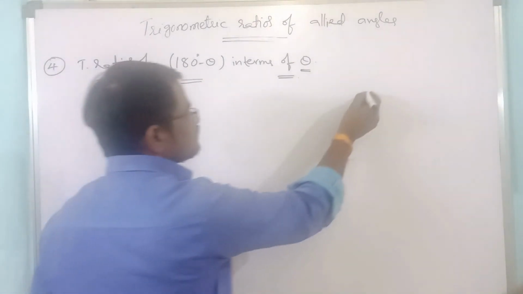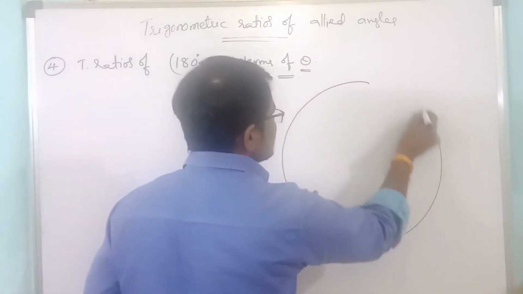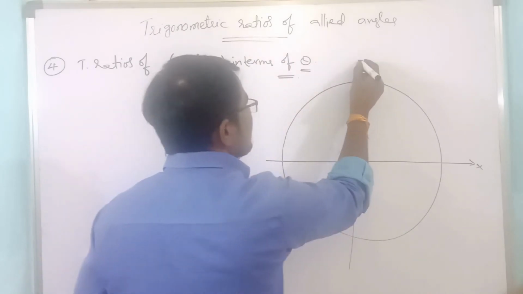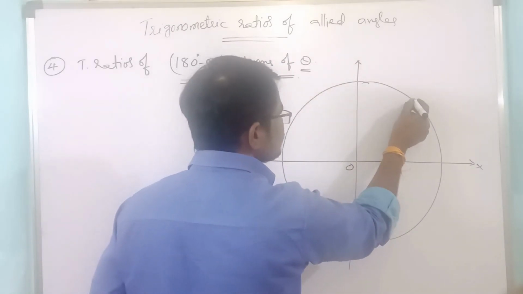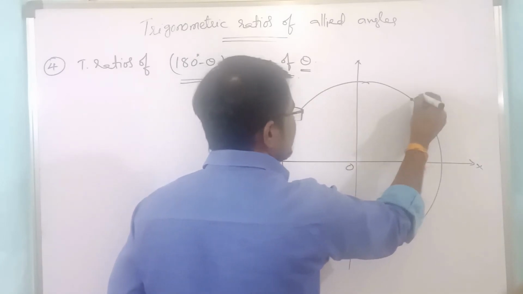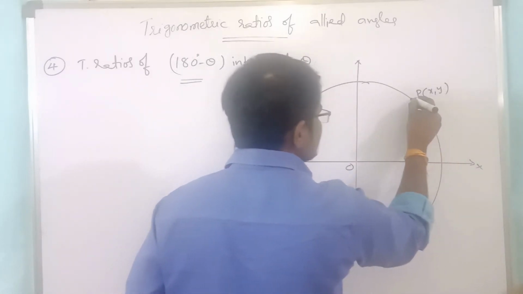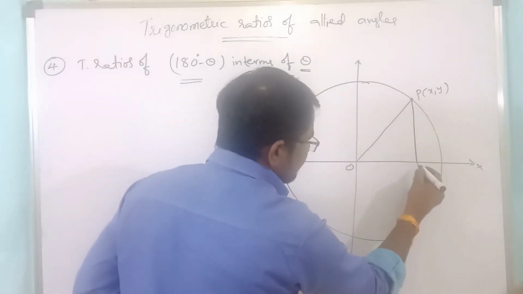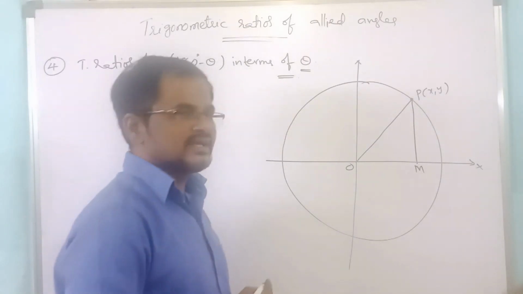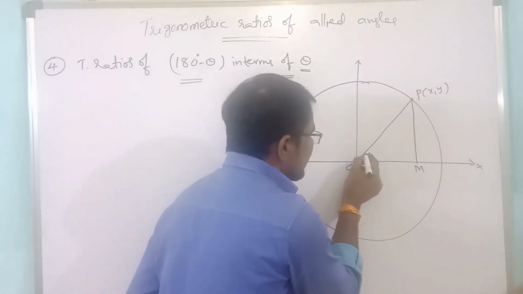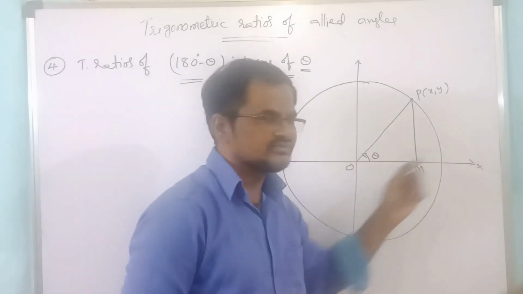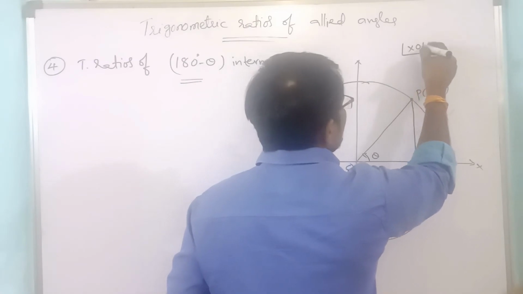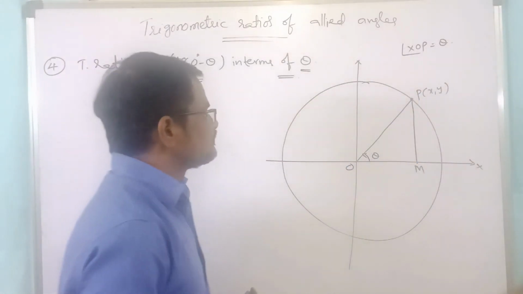Trigonometric ratios of 180 minus theta in terms of theta. How to write? So here also consider a circle whose center is origin and radius is r. So suppose here one point P x comma y on the circle, OP is radius. Draw PM perpendicular to x-axis. OP makes some angle theta with the positive direction of this axis, means angle XOP equal to theta.